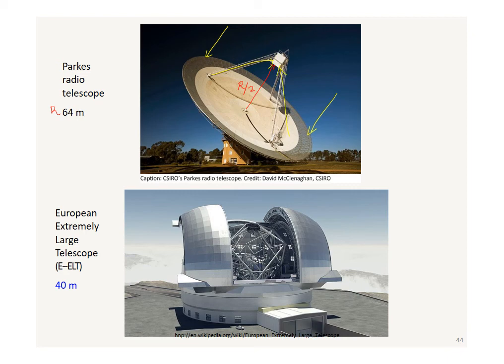In the second situation, we have a very large optical mirror which is located down in here. And in that case, the light rays that come from space are then all focused onto this secondary mirror here.